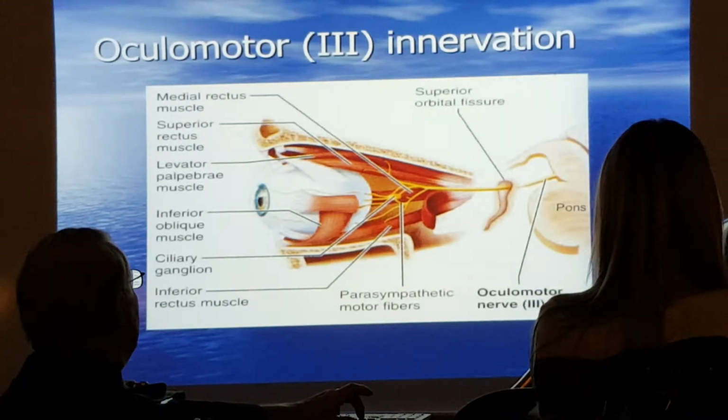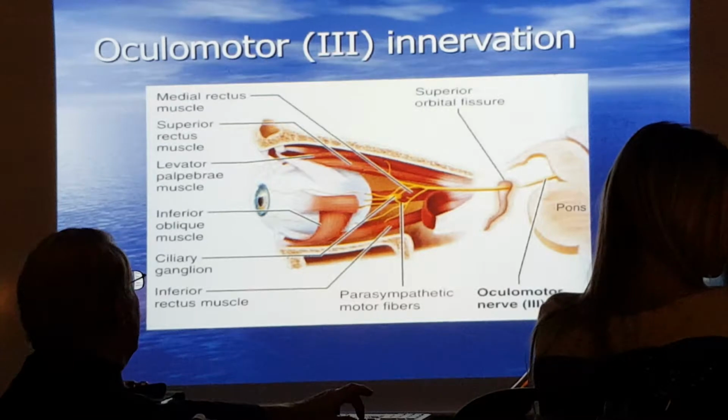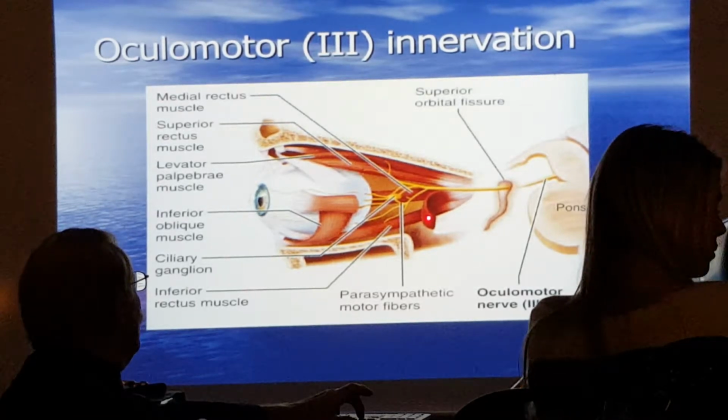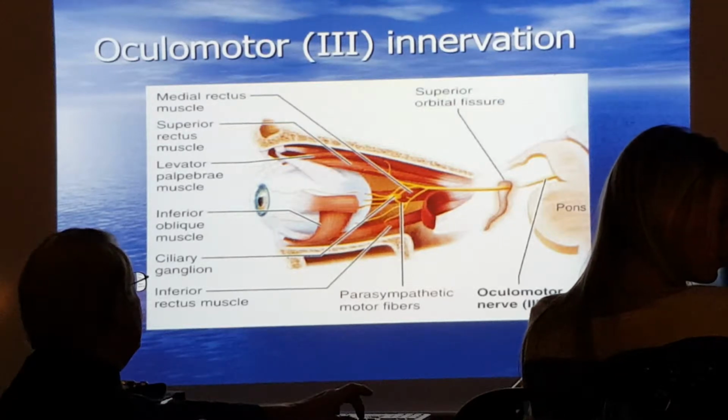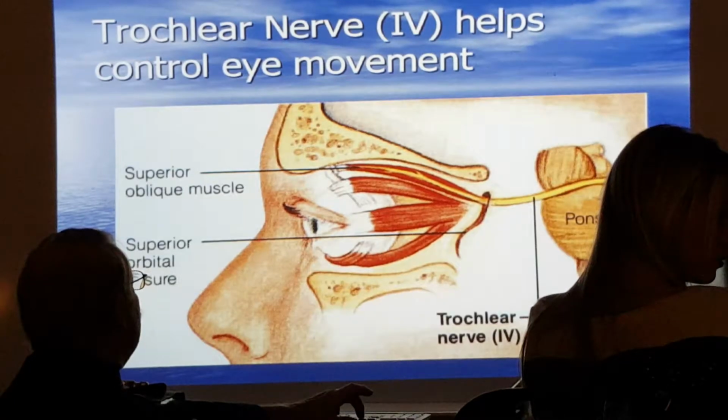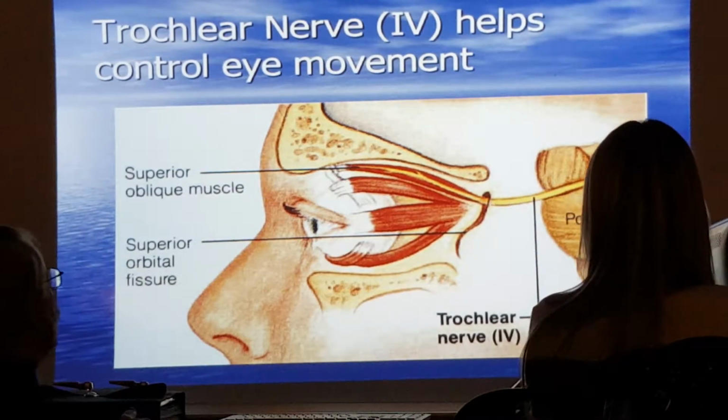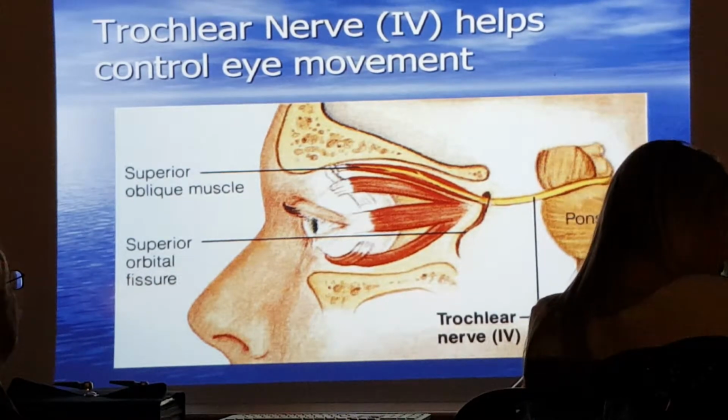So there it is again, different picture, and we're leaving out the lateral rectus. That's the only one that isn't innervated by this one. So finally, now we do the trochlear nerve, and the only muscle that's innervated by this is the superior oblique muscle.